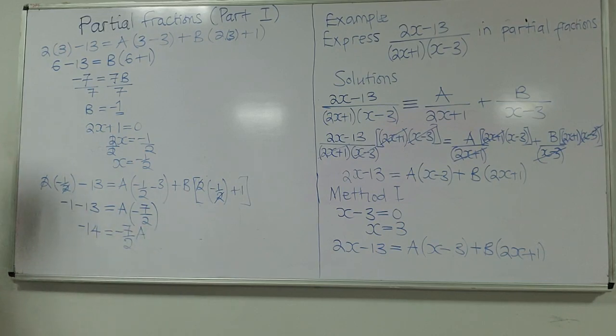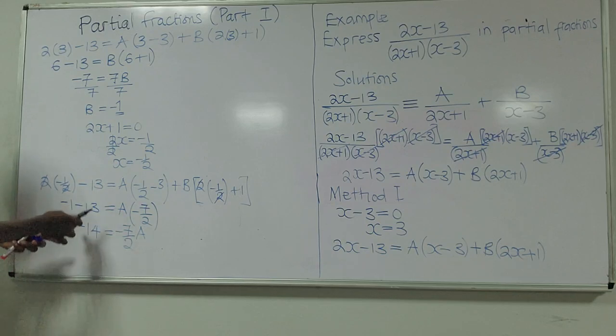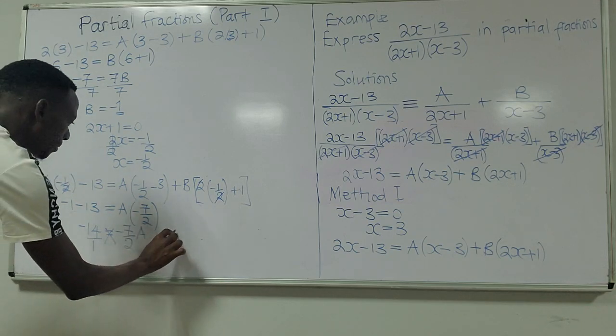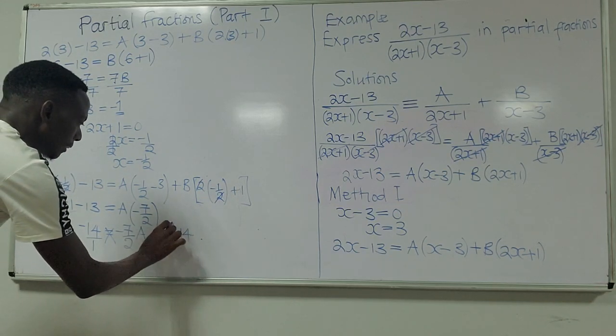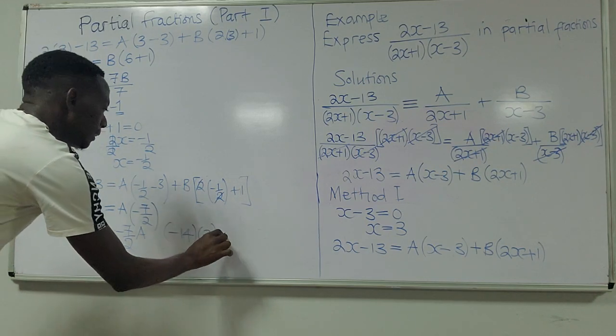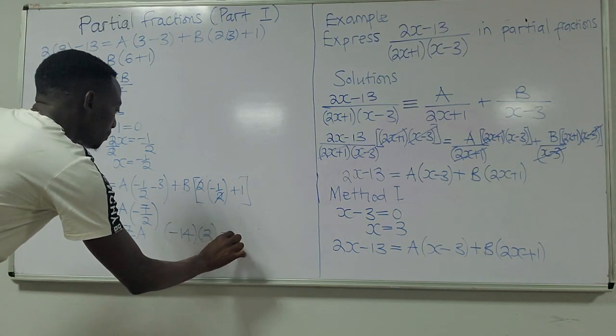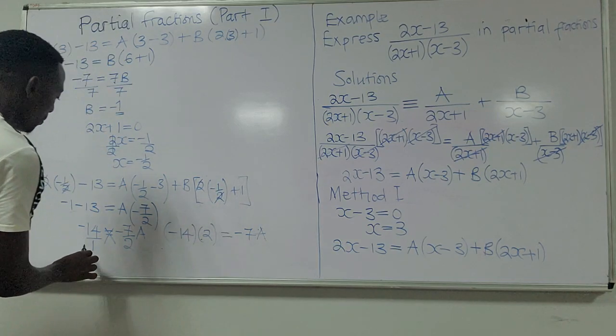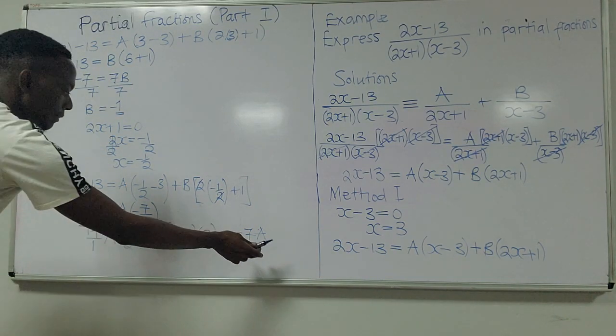Now, knowing that 7 can divide 14, I wouldn't want this figure to become large, so of course I'll cross multiply. Then I'll have negative 14 multiplied by 2 is equivalent to negative 7a, because 1 times negative 7a is negative 7a.